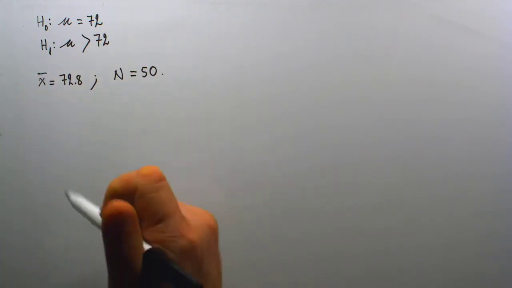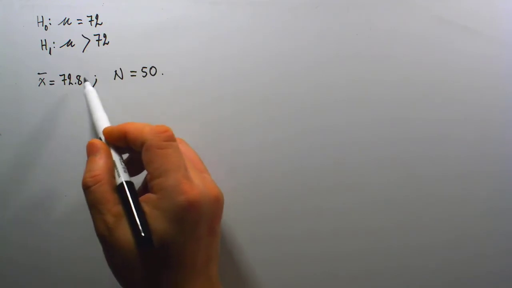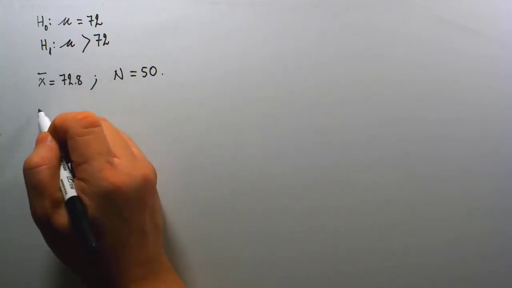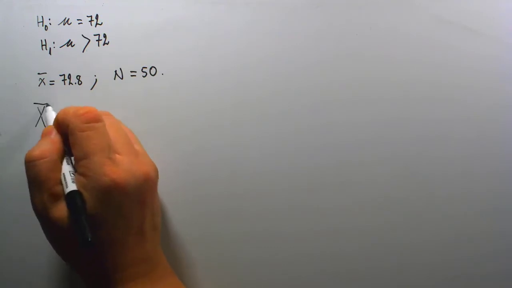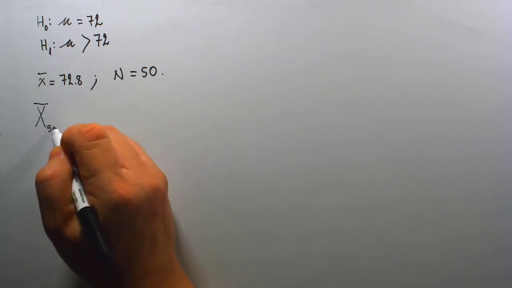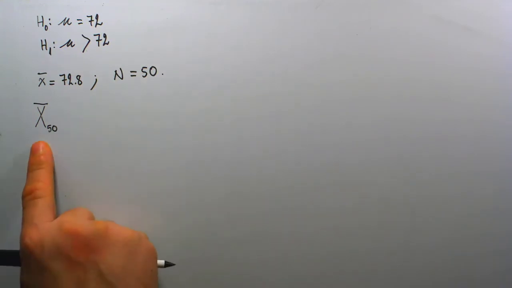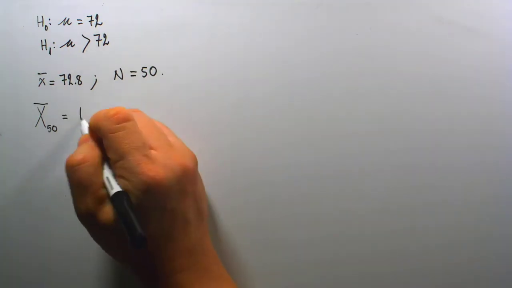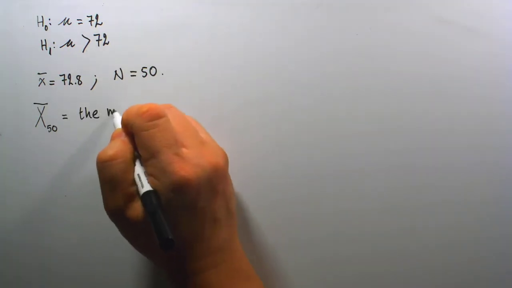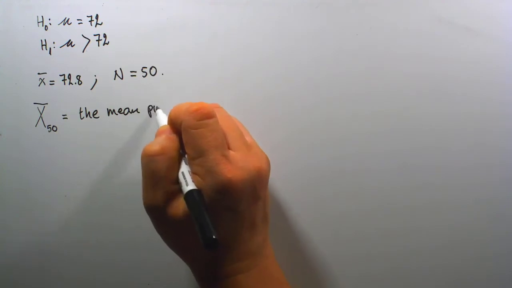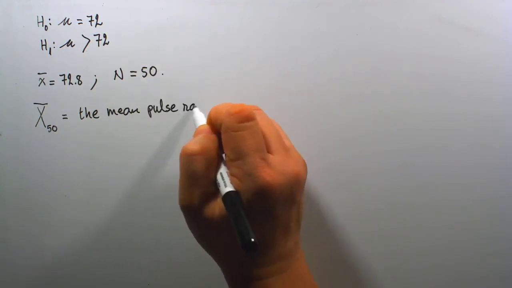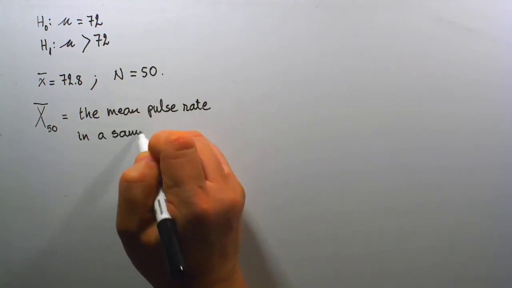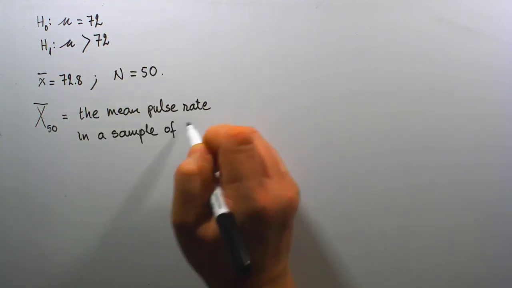So in that way, any of these sample mean values at a given sample size 50 can generally be regarded as a random variable, capital X bar, and optionally I use a subscript 50. So capital X bar 50 represents the mean pulse rate in a sample of 50 people.